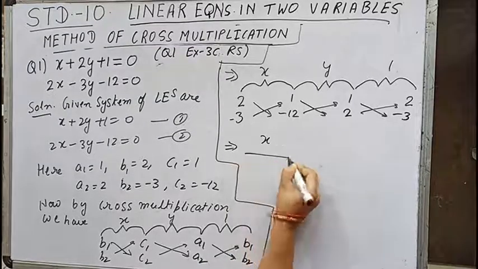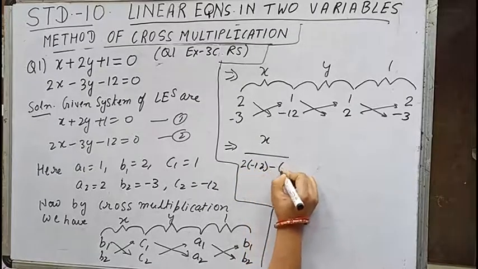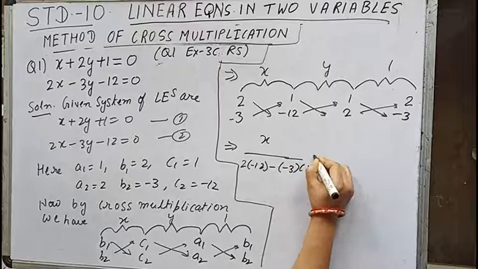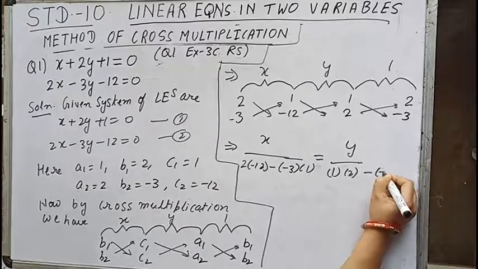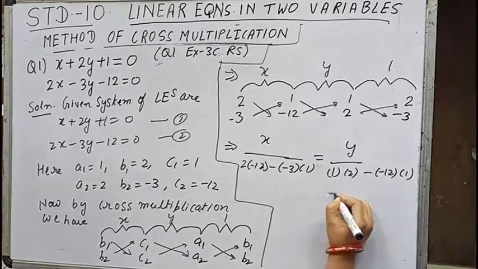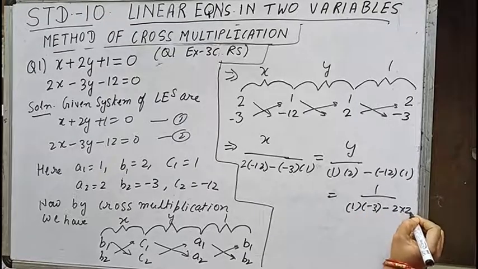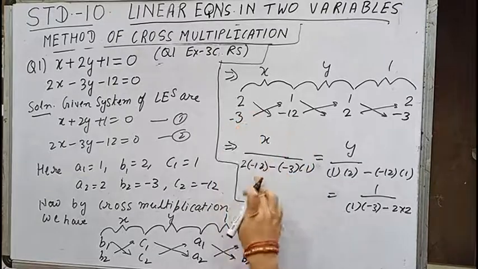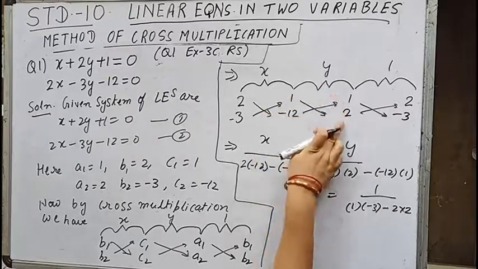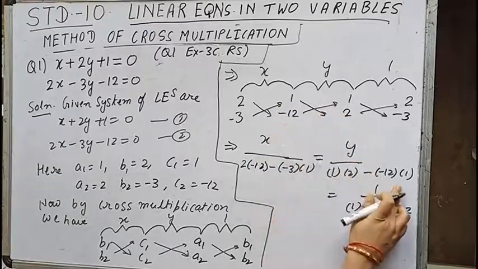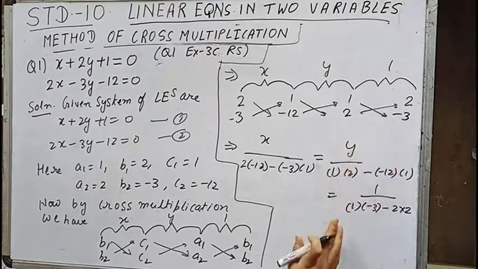Now this implies x divided by 2 into minus 12 minus 3 into 1 equals to y divided by 1 into 2 minus of minus 12 into 1 equals to 1 divided by 1 into minus 3 minus of 2 into 2.